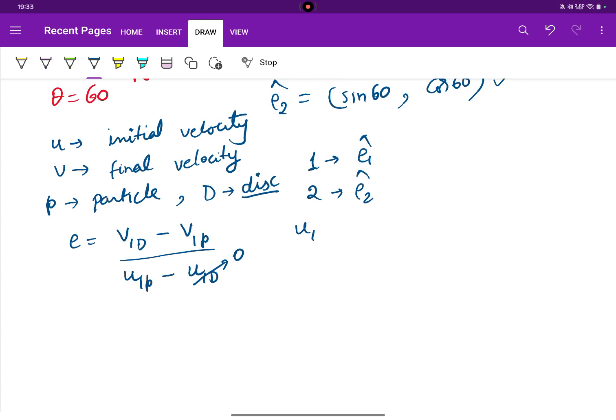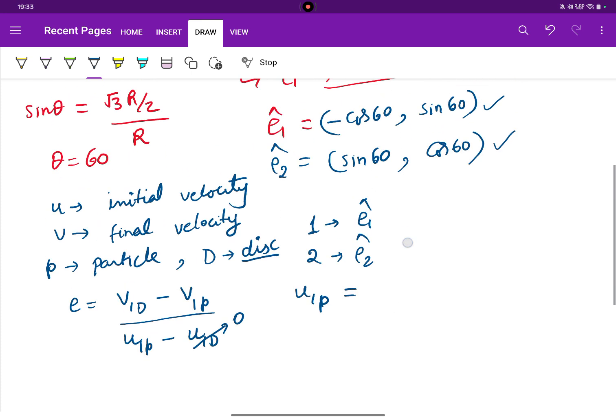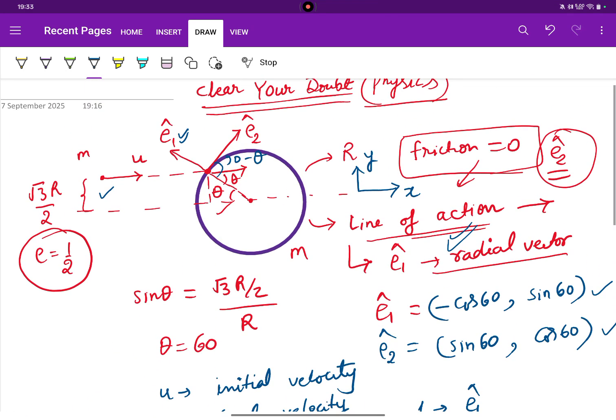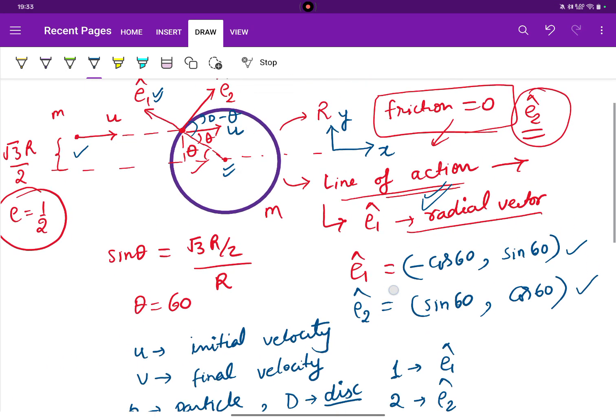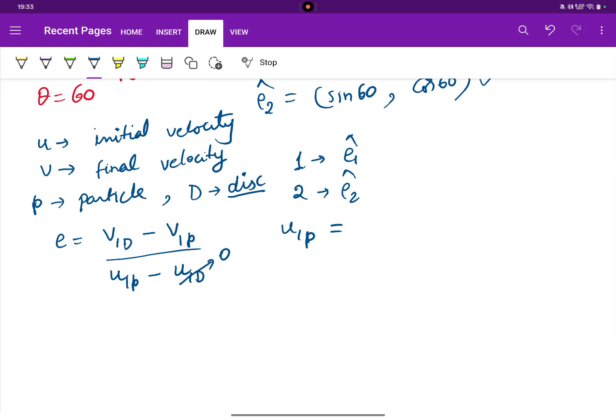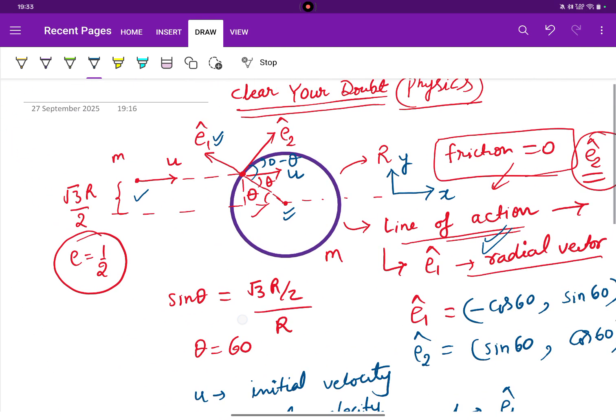Now let me find out u1p. How much will u1p be? Look here, this is u, and in the e1 cap direction it will be u cos theta, u cos 60, that is u by 2, but minus or plus? Minus, because I have assumed radially outward to be positive.